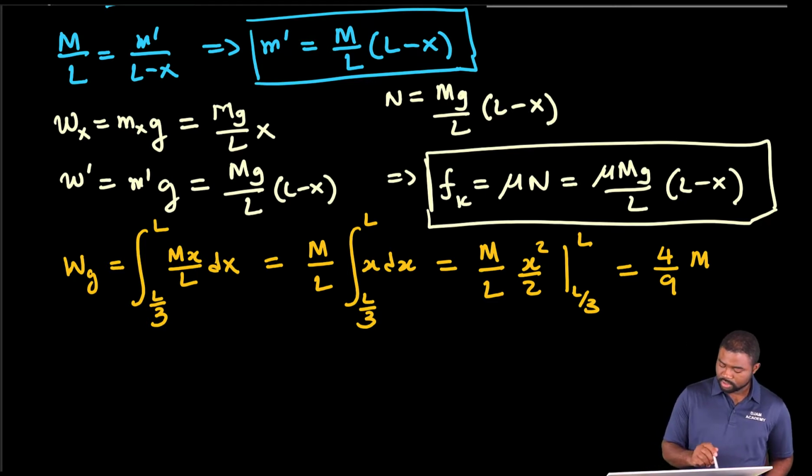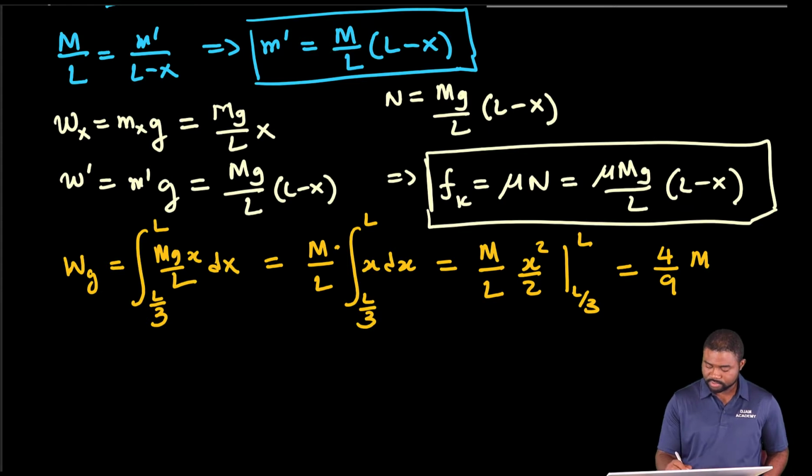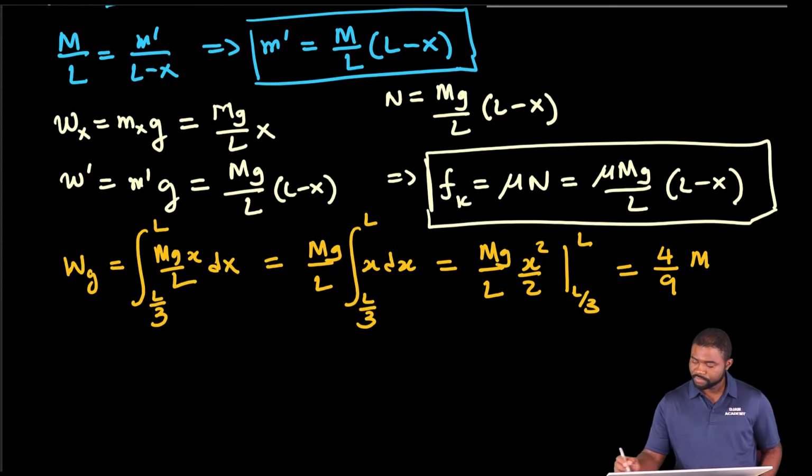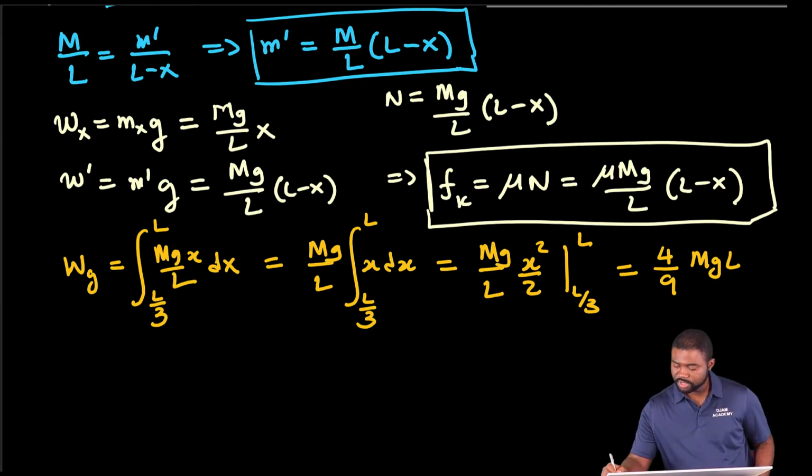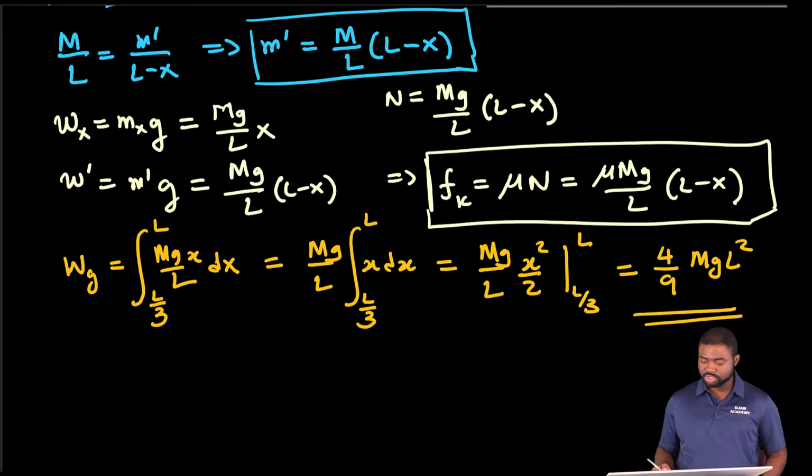Sorry, I omitted a G. This is mg over L. There's a G there. This is mgL squared. So this will give us the total work done by gravity on the falling chain.